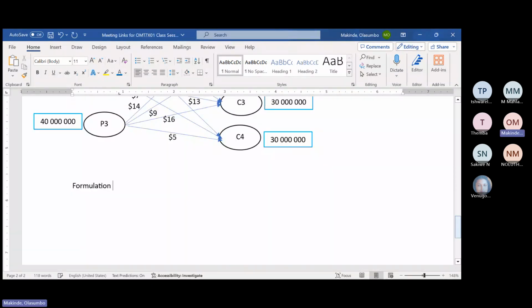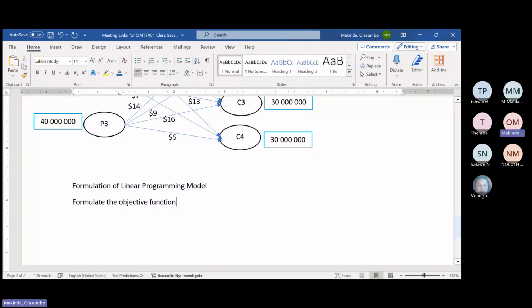That's the next step, formulation of the linear programming model. The first thing is we have to formulate what we call the objective function.